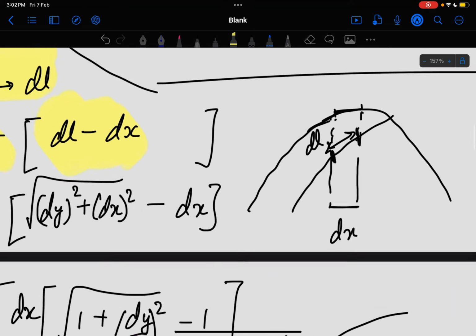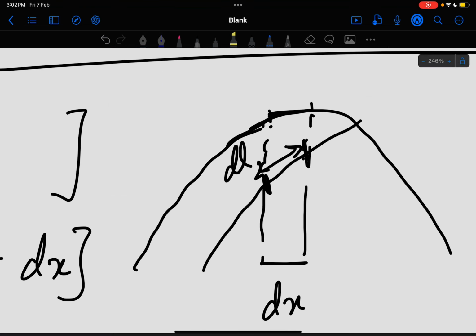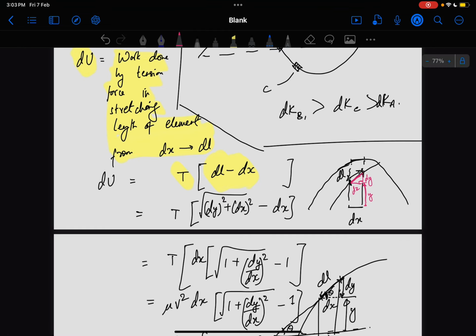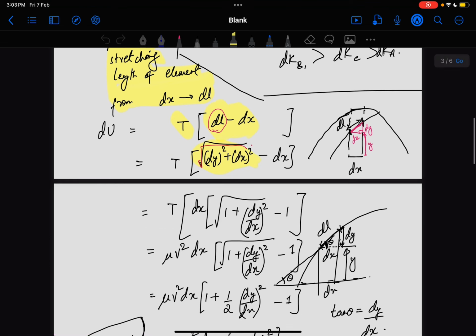Now we can always say that this dl can be written in terms of dx and dy, where dy represents the small increase in the value of y, right? So you substitute the value of dl as the root of (dy square plus dx square), and now you pull out dx from these two terms as a whole.